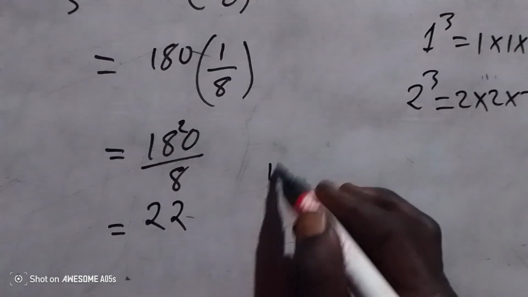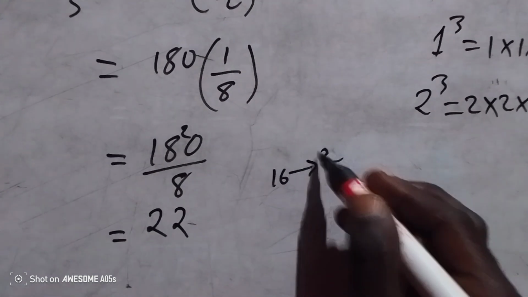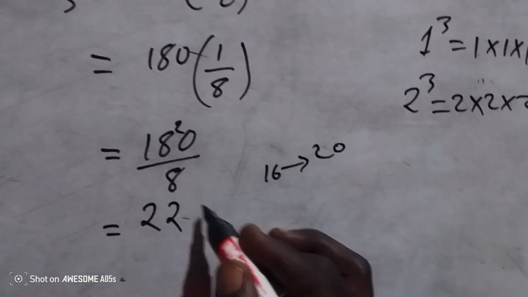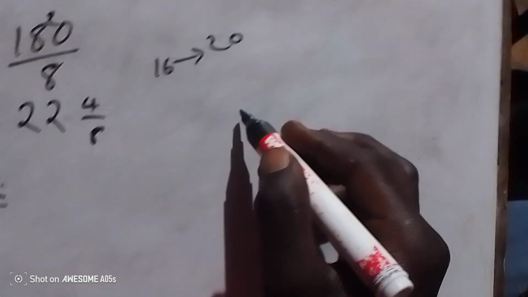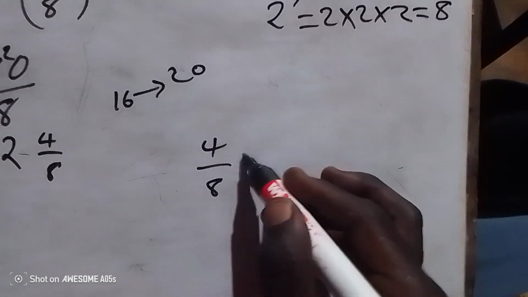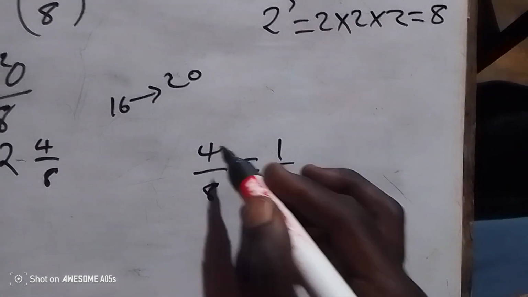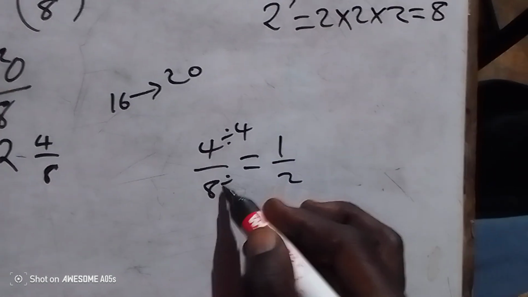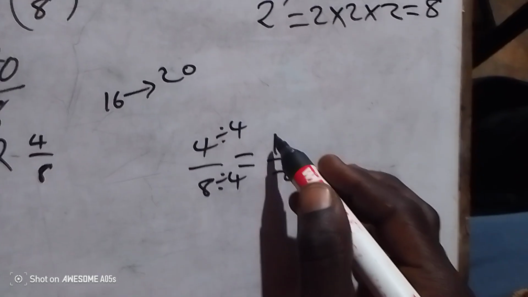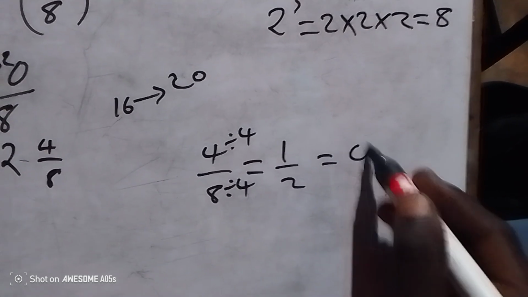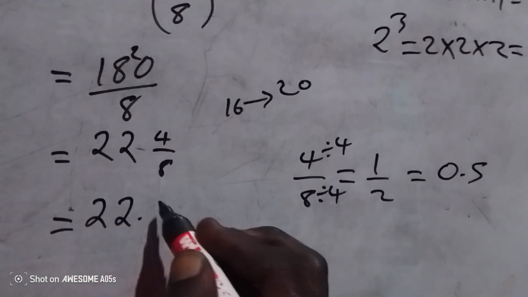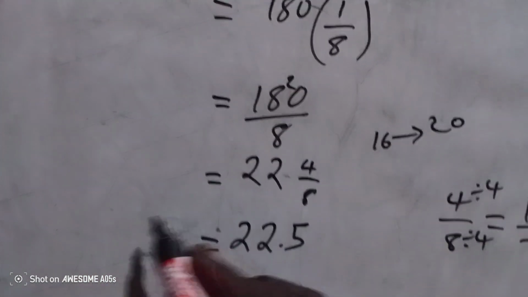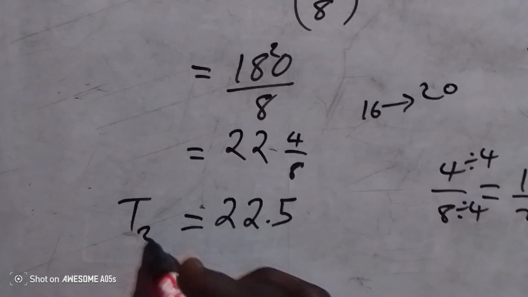From 16 to 20, there's a difference of 4, which is 4 over 8. From our mathematics, 4 over 8 is the same as 1 over 2, because we can divide by 4 on top and bottom. 1 over 2 is simply 0.5, so it's 22.5 as our T3.